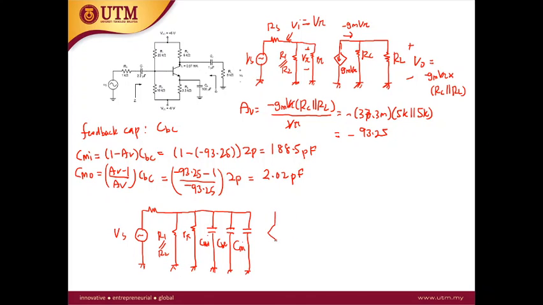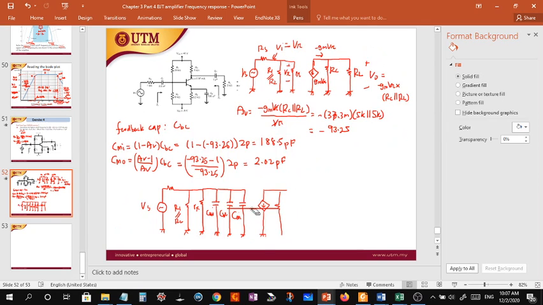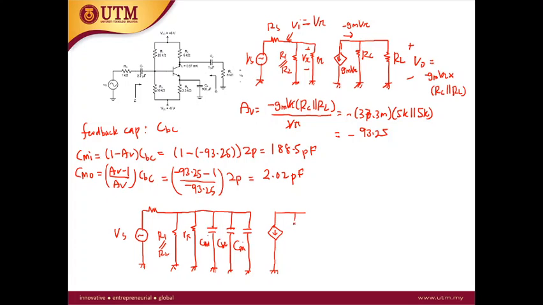At the output side, first we draw the components that exist in the mid-band. So this is RC, and then we have RL. After that we can add the capacitance.